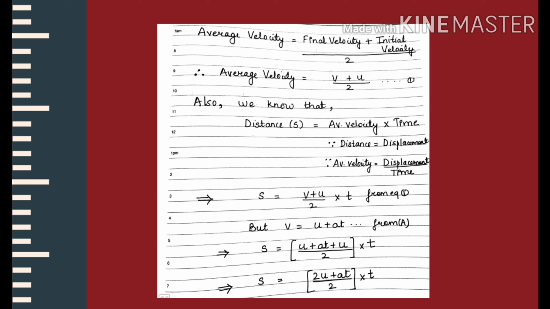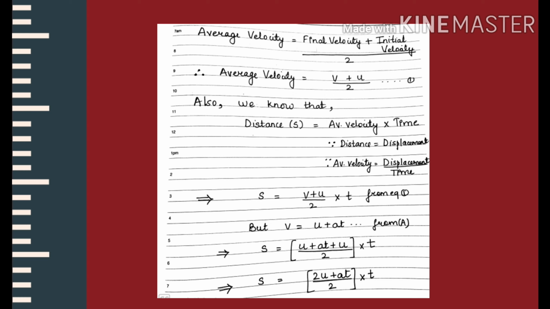But in the above equation, you can see that we have replaced displacement by distance. Can you tell me the answer why? Yes, you are correct. Since the motion is in a straight line, distance becomes equal to displacement.